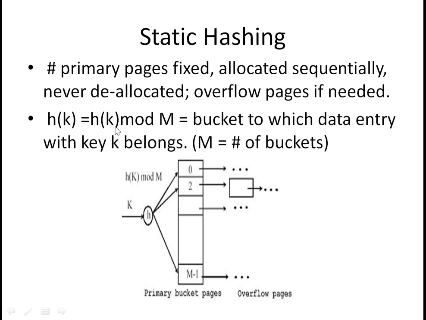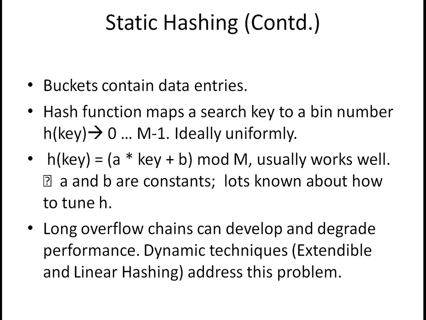This h of k can be of the format a star key plus b, where a and b are constants. You can give any constant value to a and b.